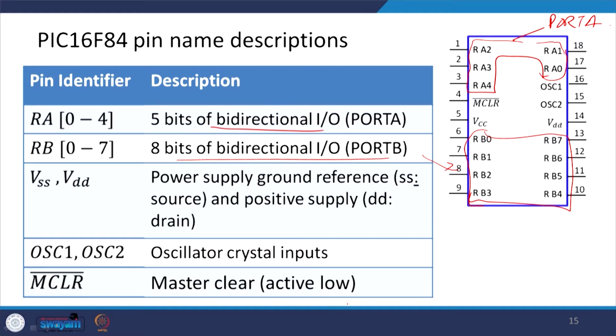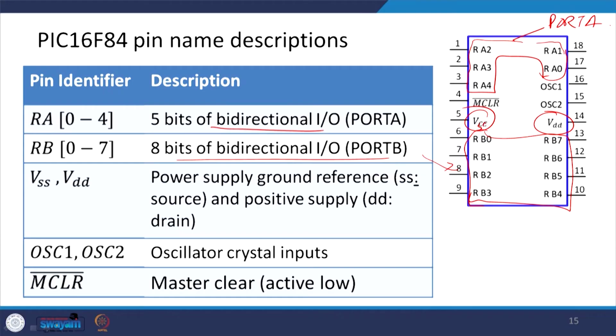VSS and VDD, as you can see here, these are basically the power supply and ground reference. VSS represents source, and VDD the positive supply.